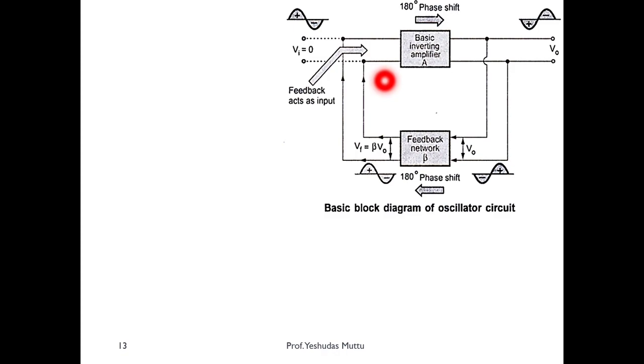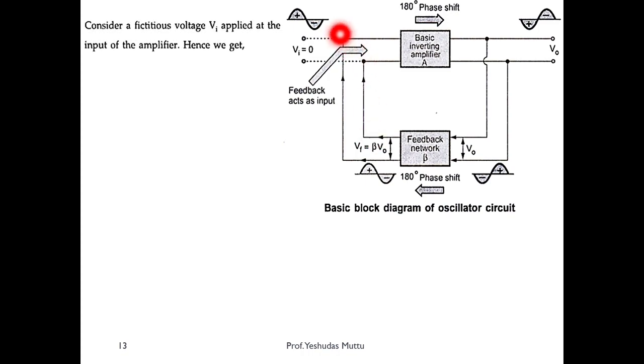That is the reason the feedback network is supposed to introduce some phase shift. So it will invert this particular input and then give it over here. To understand the working of this oscillator circuit, we'll consider an input which is not existing. Basically, those inputs we call fictitious input, Vi.